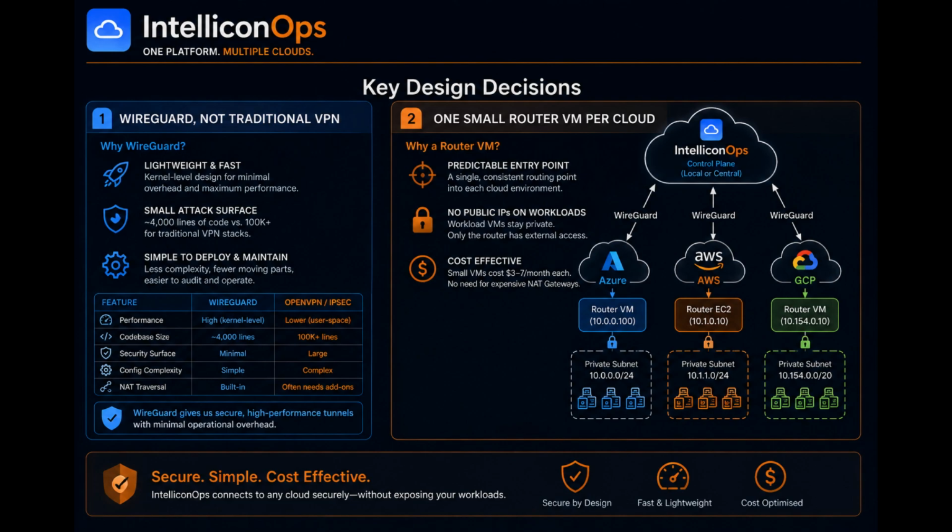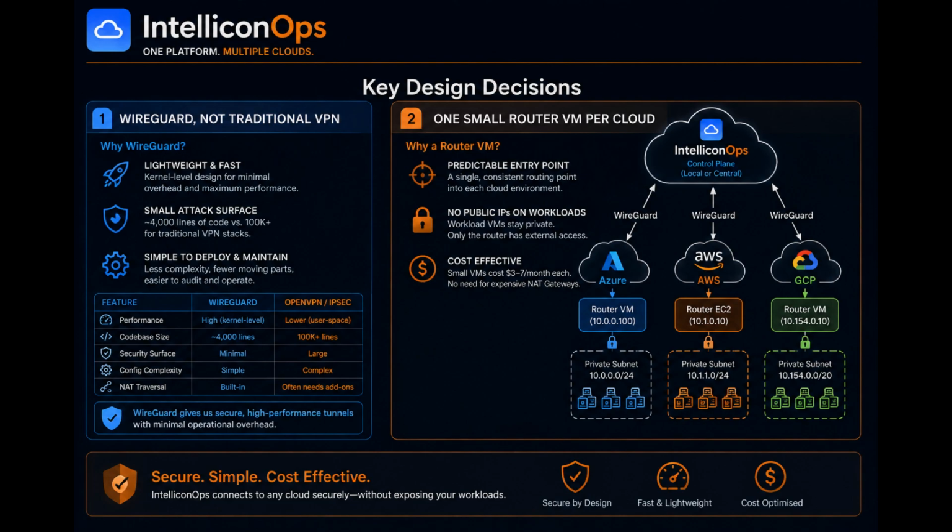It also keeps the cloud-side infrastructure relatively inexpensive. And because the actual IntelliconOps worker remains inside Docker on my workstation, I don't need to maintain a separate cloud-hosted IntelliconOps control plane just to manage these environments. The public-facing component is effectively the WireGuard gateway. The workload machines behind it can remain private.